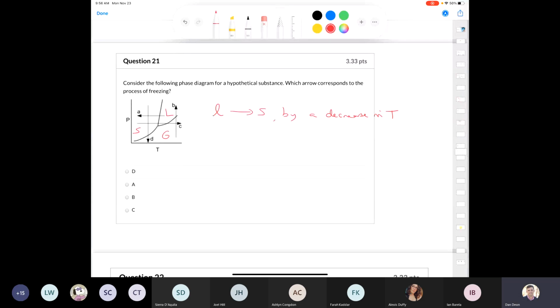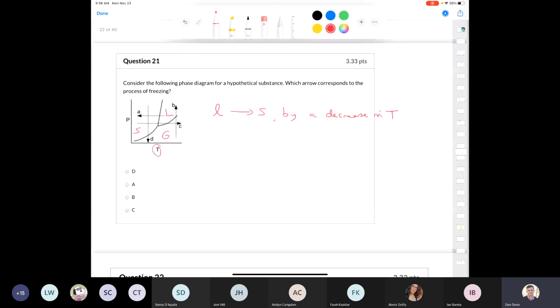Well, if you look at D and B, the problem with D and B is that both of those lines are vertical. They don't involve a temperature change, okay? So there's no way that those could involve freezing. Another thing that you notice is that if you compare C and A, which are both horizontal, they both involve temperature changes, don't they?